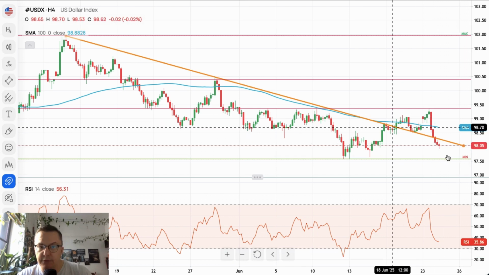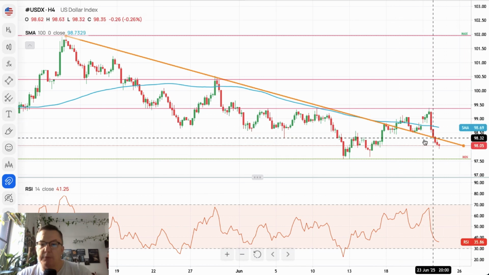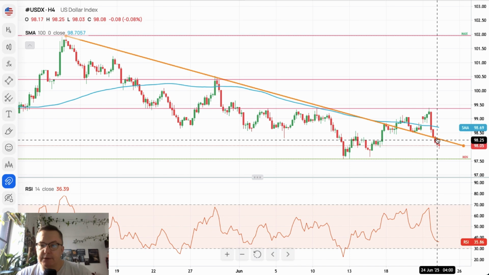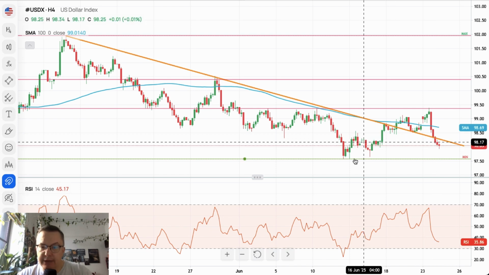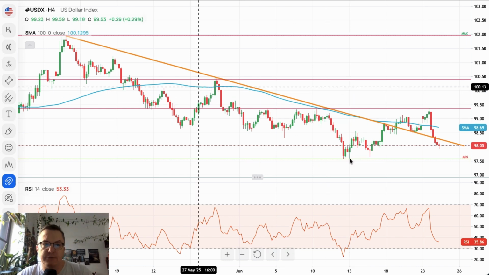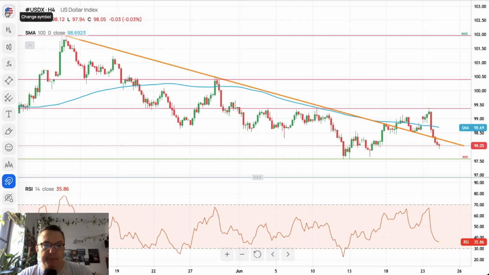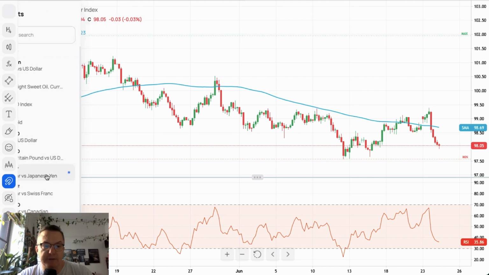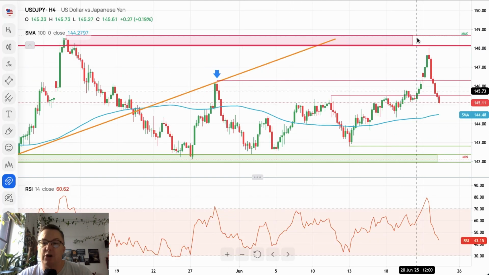So right now we are even below this trend line again, and we are heading towards the level of 97.57. So the US dollar is losing across the board, which is why euro dollar is up, cable is up. The US dollar versus the Japanese yen is going down as well.